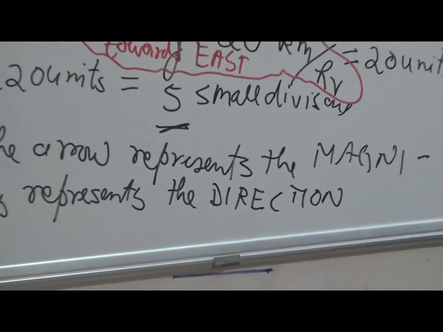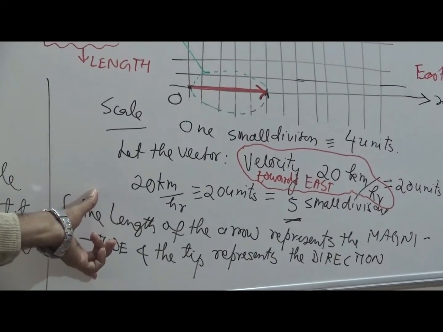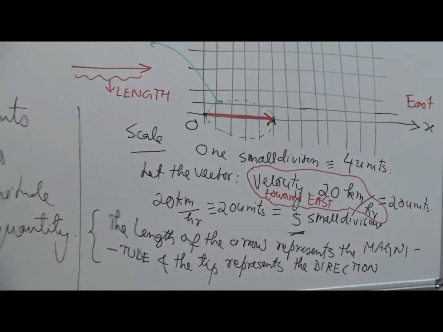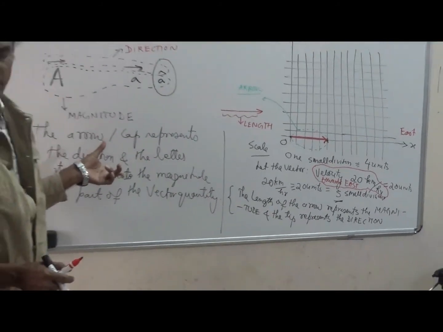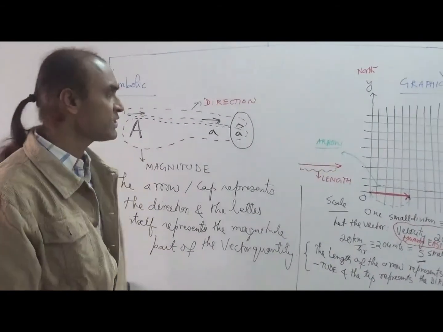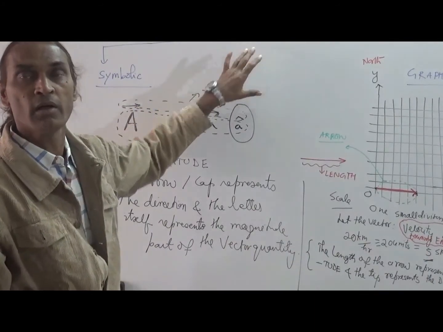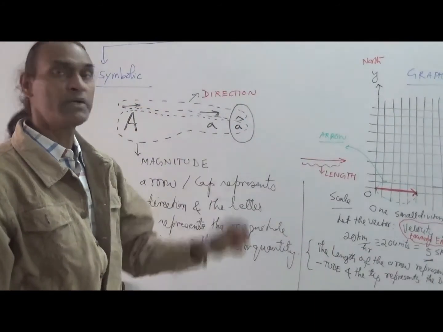This is how we can represent a vector graphically, and this is the symbolic representation of a vector. This will form the basis of our next video, the unit vector.